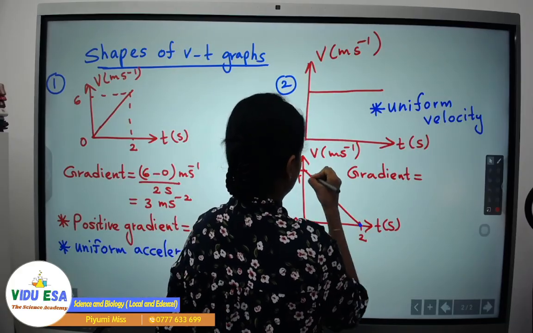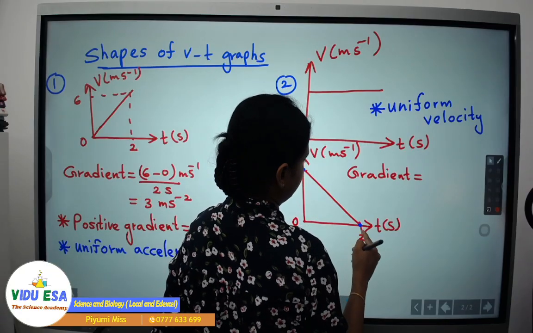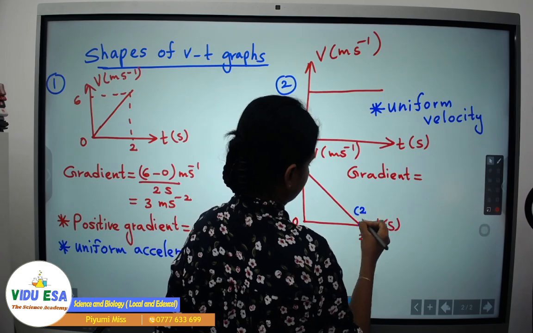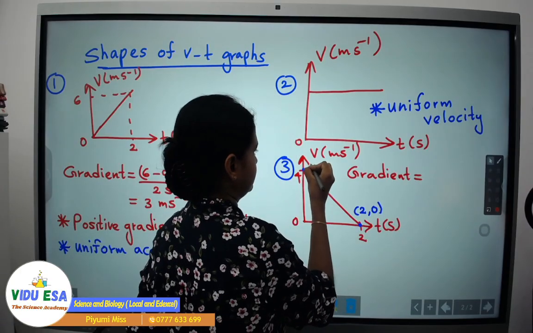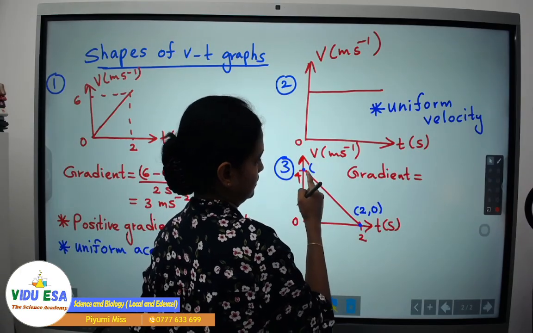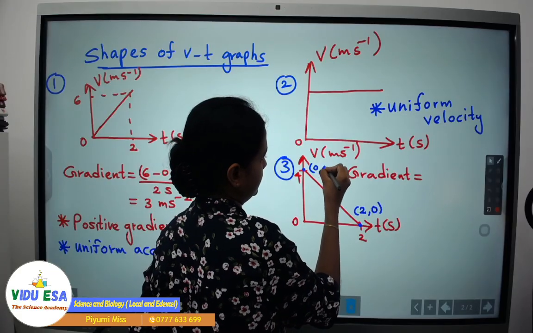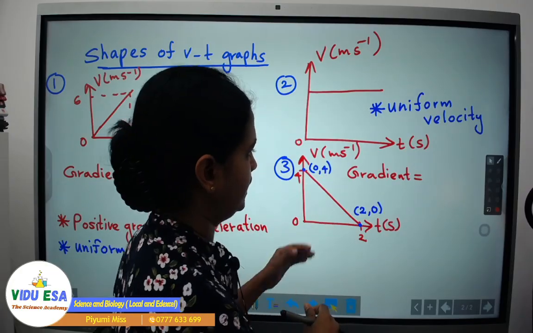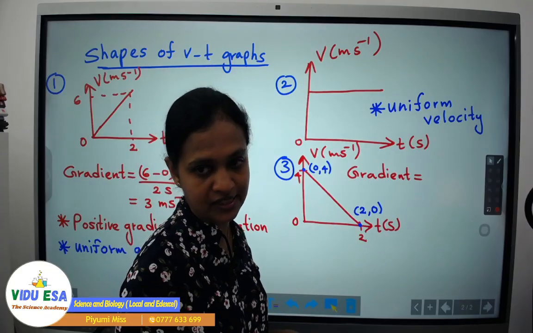So we select 2 points in order to find the gradient. So here it is 2 and 0. X value is 2, y value is 0. Here x value is 0 and y reading is 4. Then gradient equals difference in y coordinates divided by the difference in x coordinates.